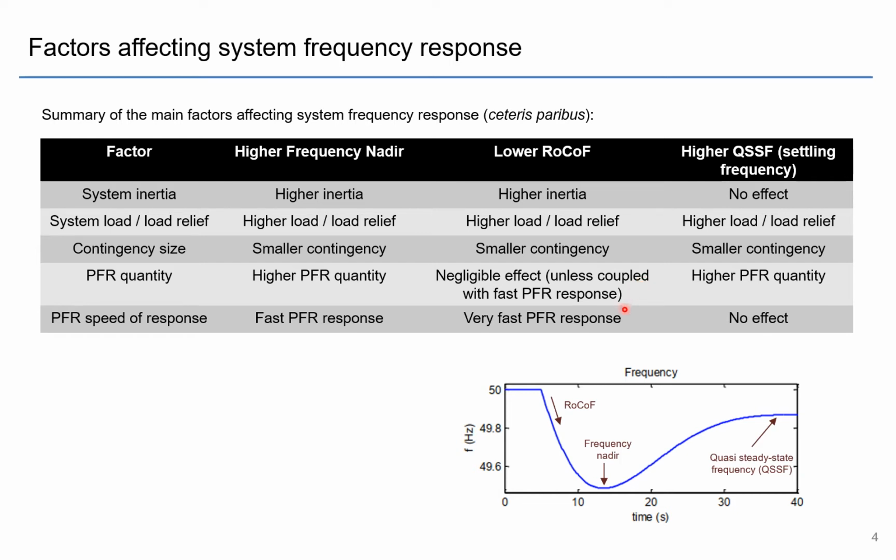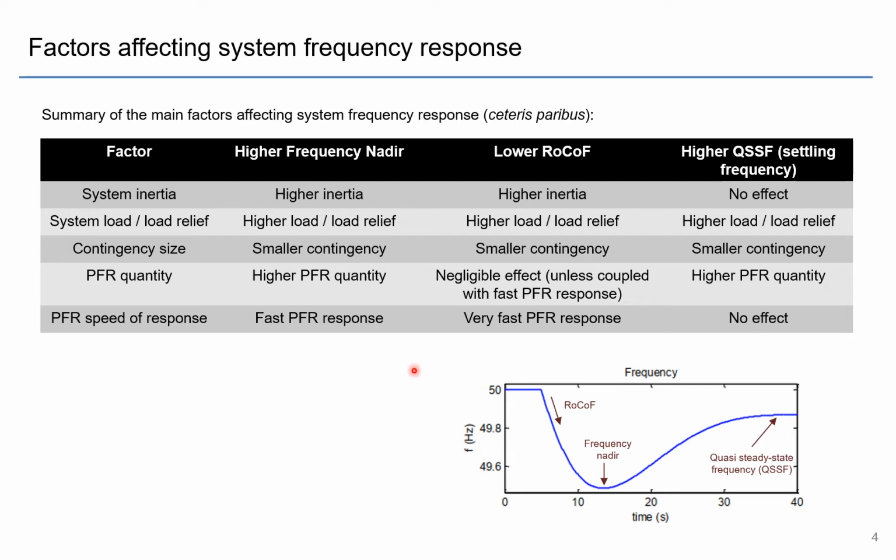So that really ties in with the speed of response part of it. And you just need a higher PFR to get a better or higher QSSF. In terms of the speed of response, for a better nadir and a better RoCoF, you just need a fast PFR, and it has no effect, like system inertia, on the QSSF.